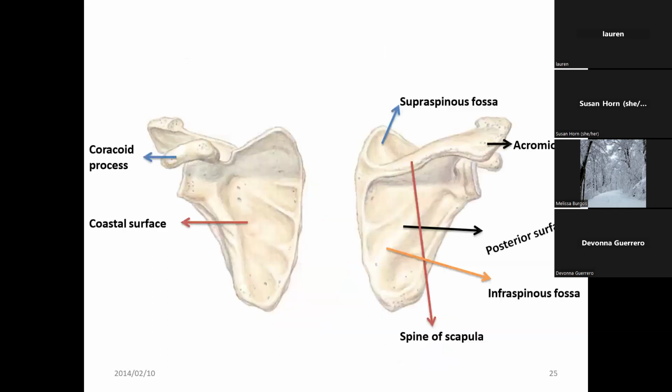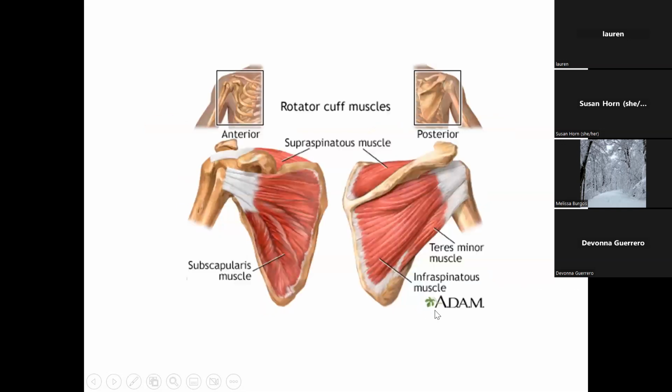All right, some other images that you may see as a part of your test. The costal, this should say costal, not coastal, surface of the ribs. This is the rib side, the front side, and this is the posterior surface. Good. Let's take a quick peek at those rotator cuff muscles.